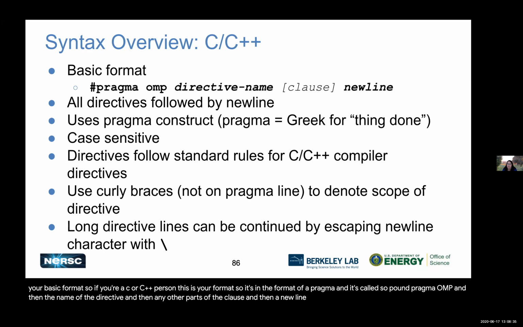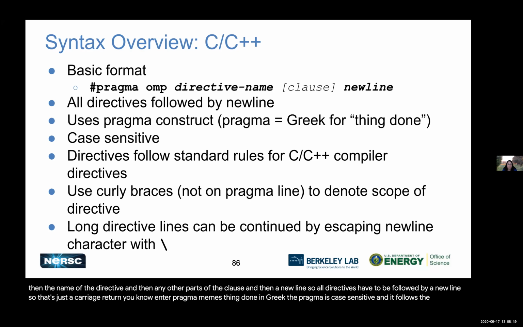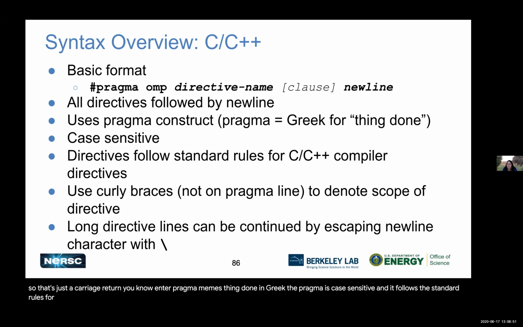All directives have to be followed by a new line. That's just a carriage return. Pragma means thing done in Greek. The pragma is case sensitive, and it follows the standard rules for C or C++ compiler directives. So you use curly braces to denote the scope of a directive.